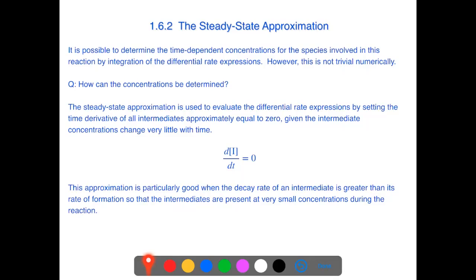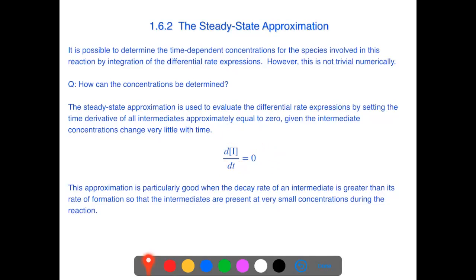This is used to evaluate those differential rate expressions by setting the time derivative of all intermediates approximately equal to 0. And we can do this under the approximation given that intermediate concentrations generally change very little with time. So the expression we use to indicate that we're applying the steady state approximation is shown, where we will state that the change in the intermediate concentrations with time is approximately equal to 0.